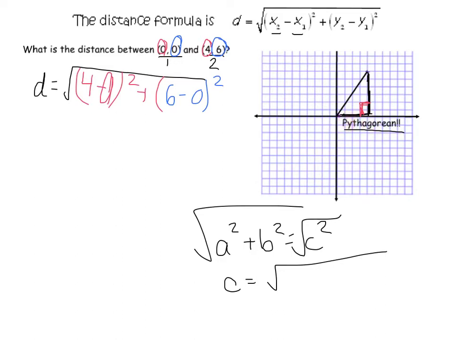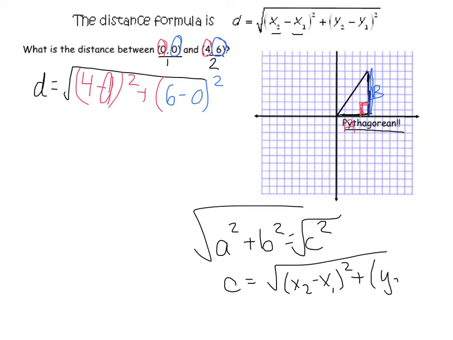So c is the square root of your a squared, which is your distance here, if we were to name this your a, and if we were to name that one your b. The distance of your a, from your x to your x, is x2 minus x1, squared, plus my b squared, which is my distance vertically, so my y to my y.